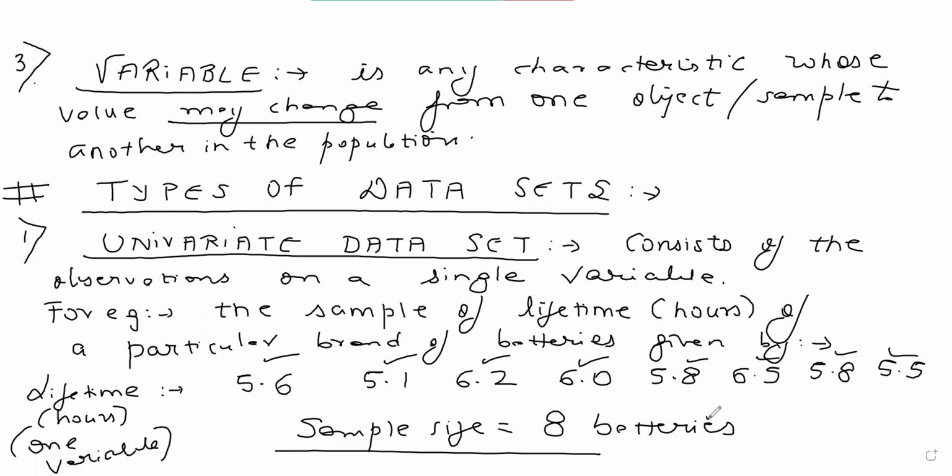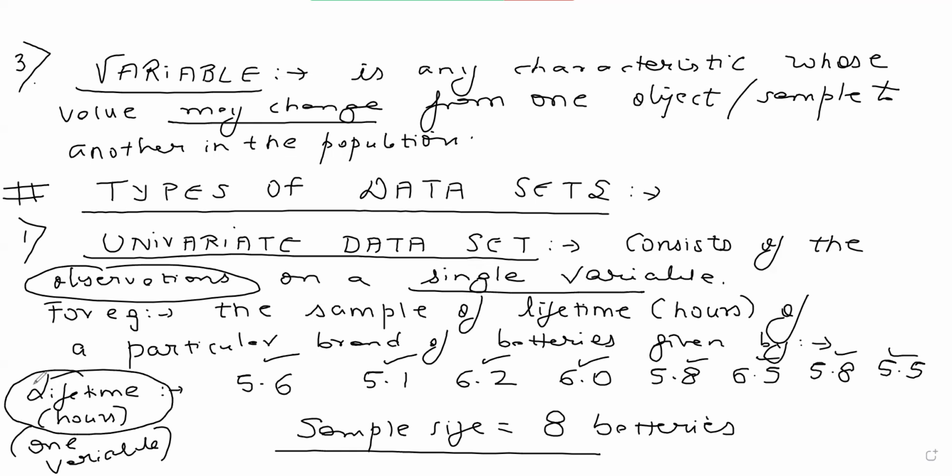And these 8 batteries are telling us what's the lifetime, how many hours they can operate. Okay, so univariate data set basically talks about one variable, observations regarding one variable. In our example, the variable is lifetime of the batteries. Okay, so I hope students have understood.